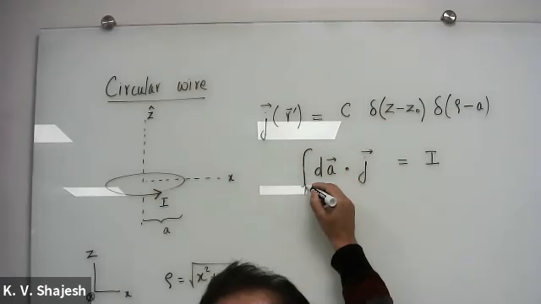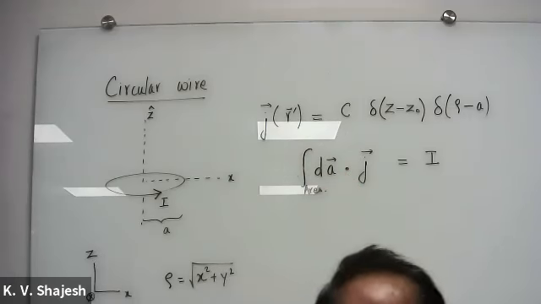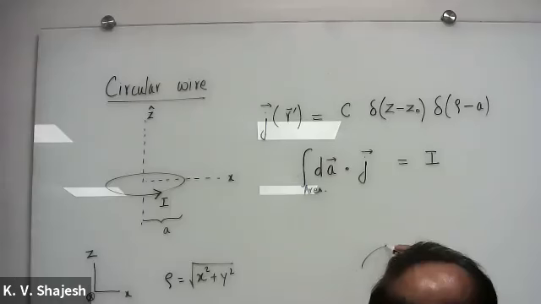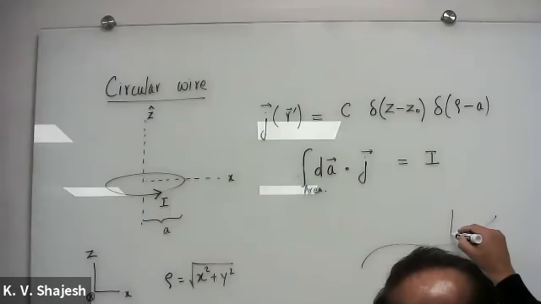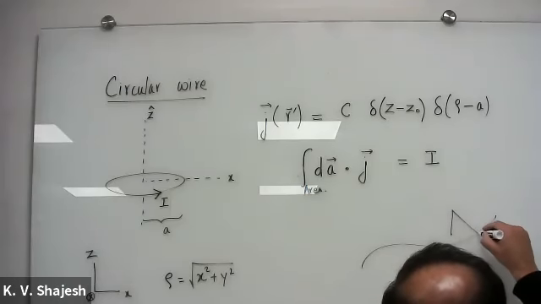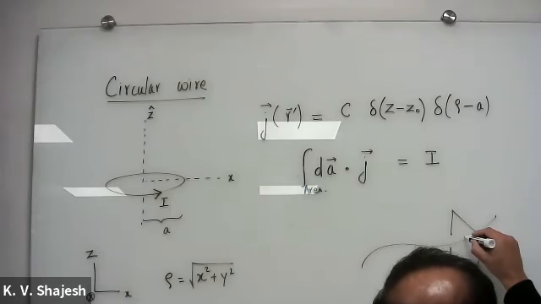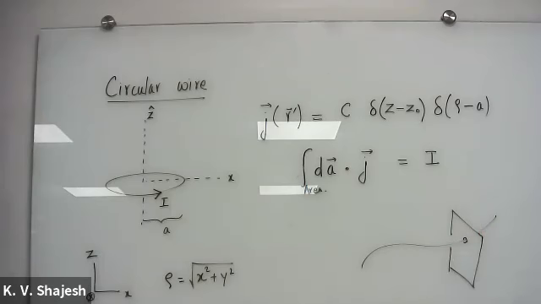So this is just a. So think of that as a wire, and now you want to capture it inside an area. So this is your area, and I can choose. So that's my. Is that clear? So that's your current I.